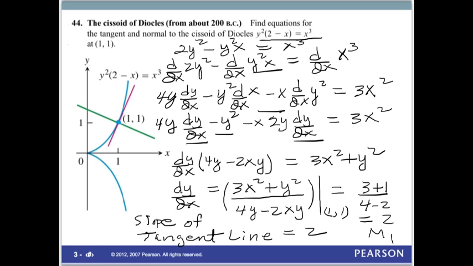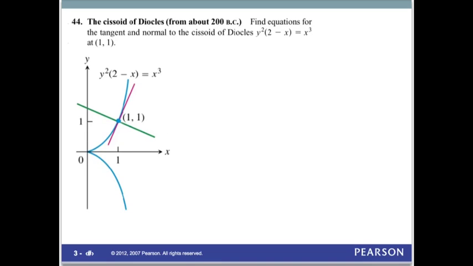Is equal to 2. Now, remember, we know that M1 is equal to 2.